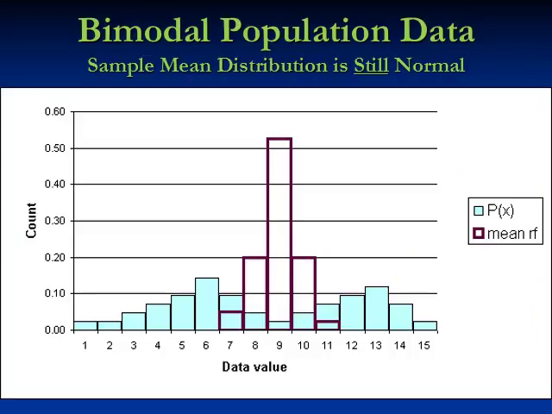Okay, the next sample data I want to show you, the next way I want to illustrate this concept, is with a population here. And what you'll notice is this is a bimodal distribution. So ignore the pink right now. This very light blue and all of these bar graphs, this is our whole population.